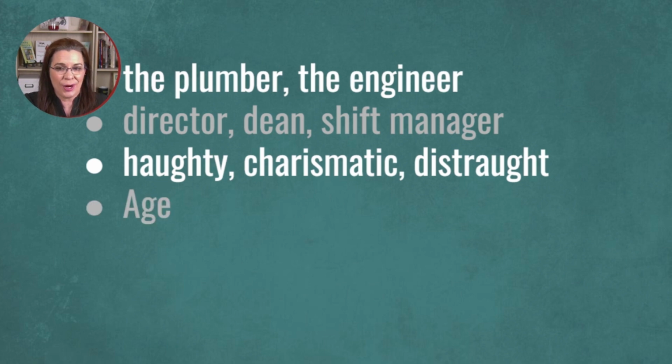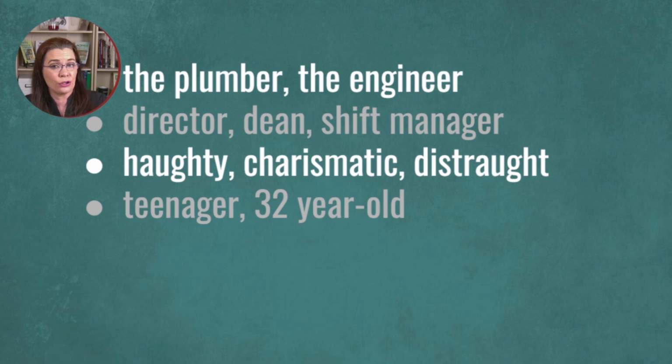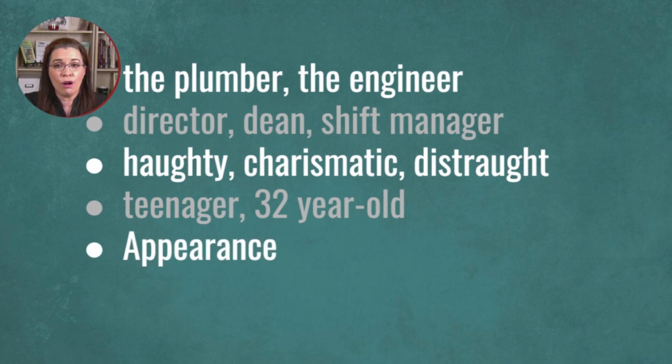And age is great because you can use descriptive words like teenager and citizen, or a numerical value like 13 or 30-year-old. Not only that, an age can stand alone. The 32-year-old married for the first time. Fictional authors use this tip more than newspaper writers do, but it's one worth listing.